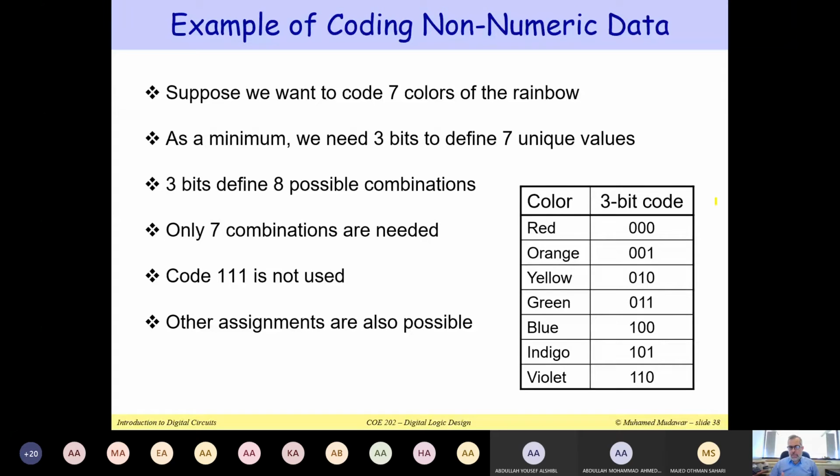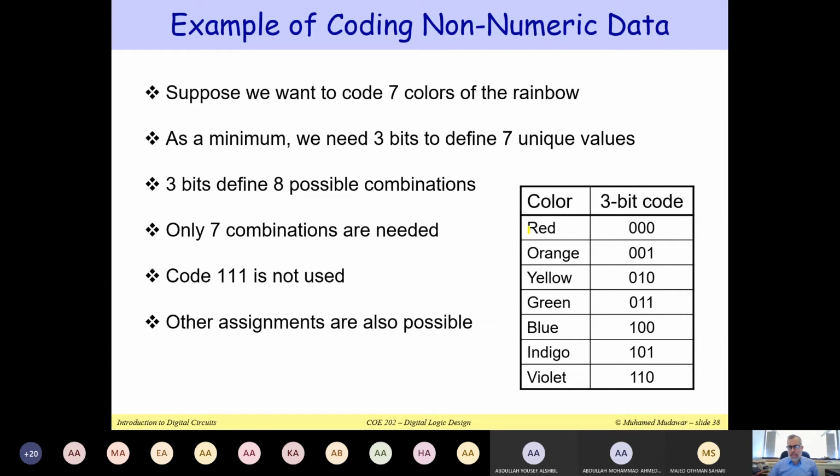If I use 2 bits, I will only have 4 possible codes, but this is not sufficient. So the minimum number of bits needed to define 7 unique values is 3 bits. So 3 bits define 8 possible values, but we only need 7.